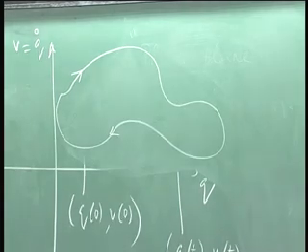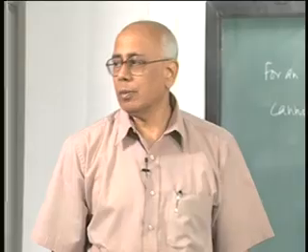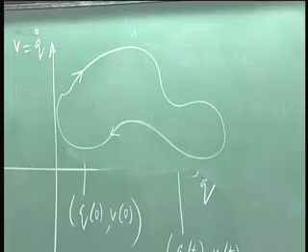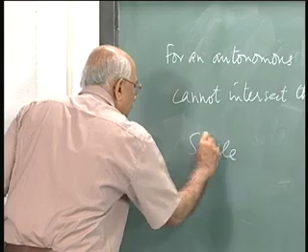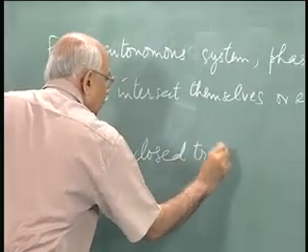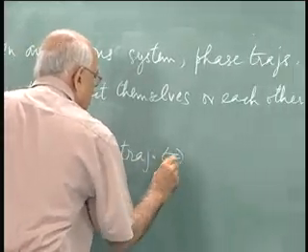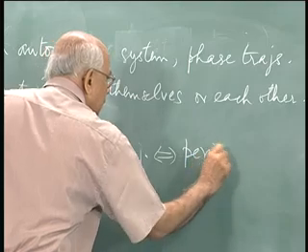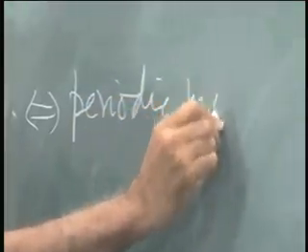And what do you call such motion where the system comes back to itself after some time? Periodic motion. The only exception is periodic motion, so we say a simple closed trajectory implies and is implied by periodic motion.